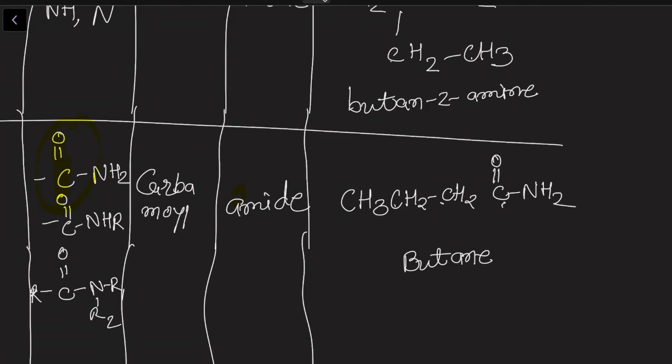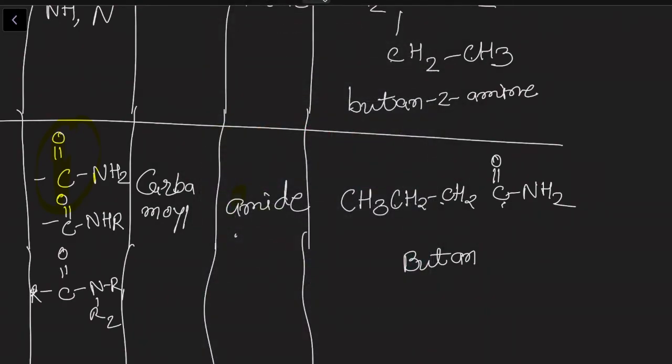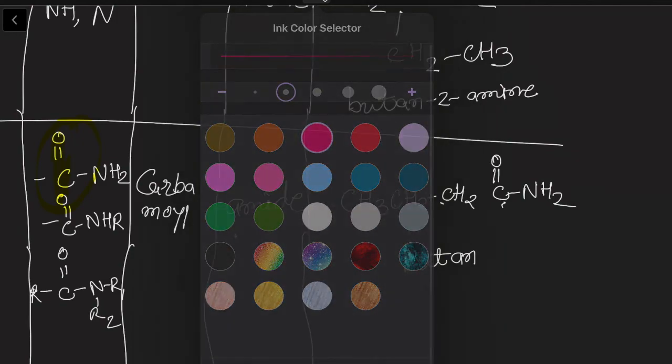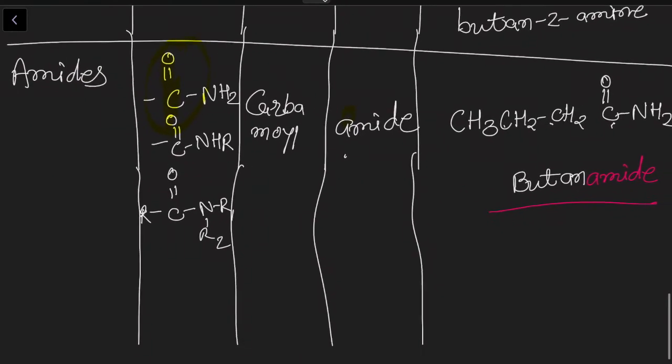Then this is on the end, and the butane, and then amide. So every time we add amide, we remove the e, and so the whole name is butanamide.